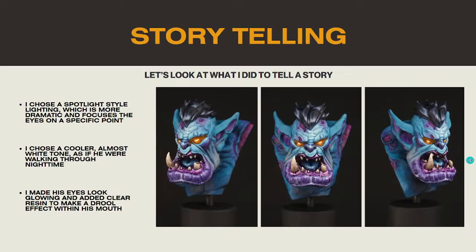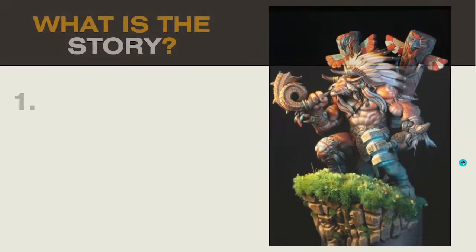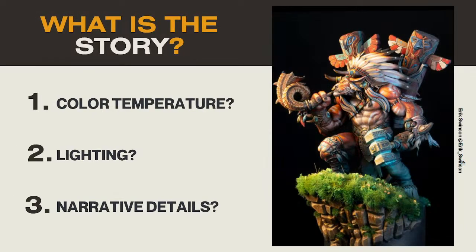So, let's go to the first piece here. This is by far, I think, one of my favorite pieces I've ever seen in the miniature world. It is a piece by Eric Swinson, and it is fantastic. Metals would classify gold as warm and silver as cool. Oftentimes, you could see gold as a cold color too.